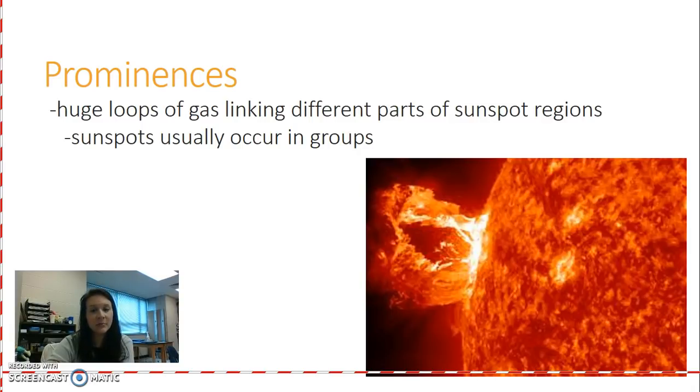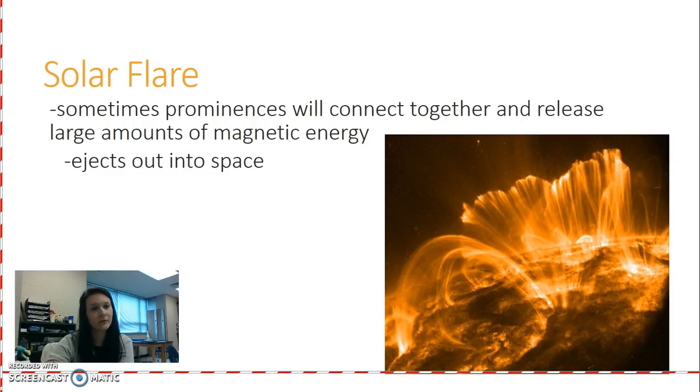And that doesn't normally affect us, but sometimes prominences can make a solar flare. So a solar flare is when that prominence not only connects together, but then they release. So the loop end closes off and kind of pinches out and sends that solar flare out into space. So it disconnects from the sun and ejects out into space.